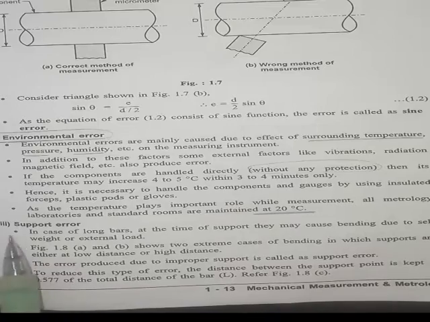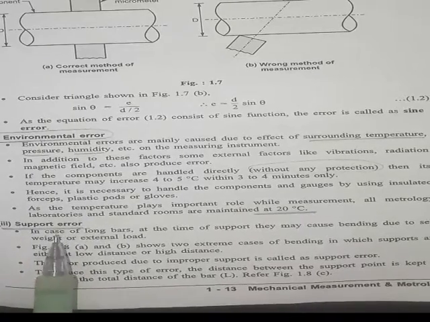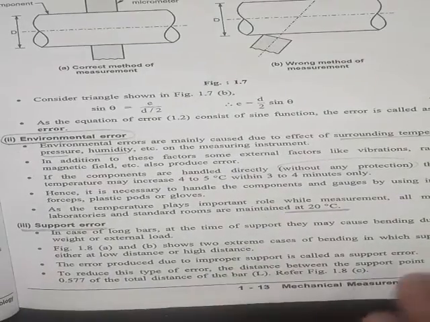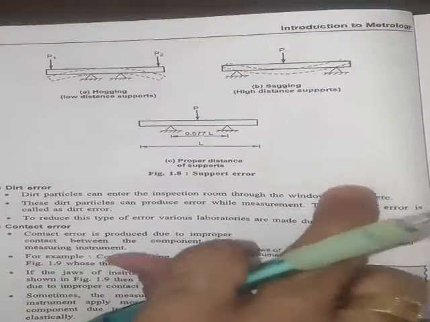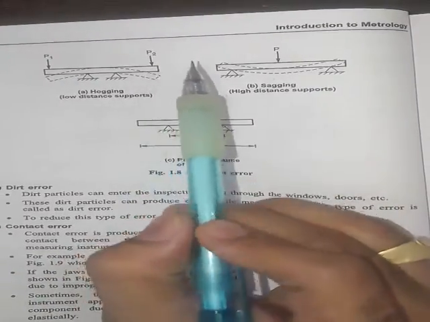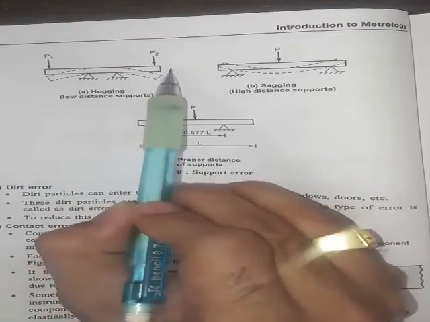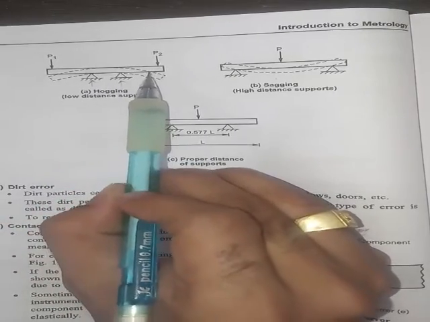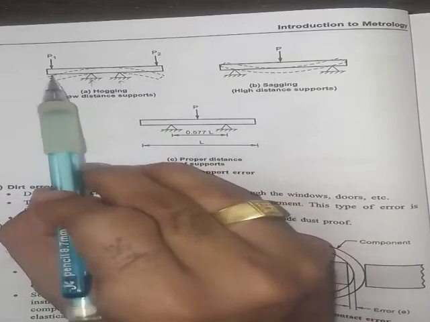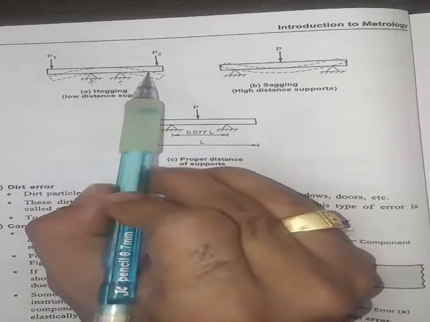Okay, next is the support error. Let me show you the figure for support error. Here this is the length of a beam, okay, and there is a support. If the support is too close, then it will try to bend over here, so we cannot measure the exact length, right?